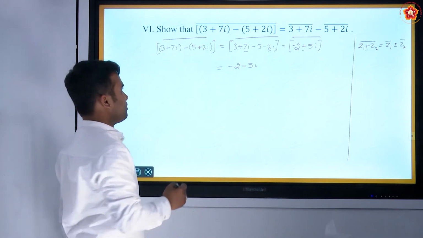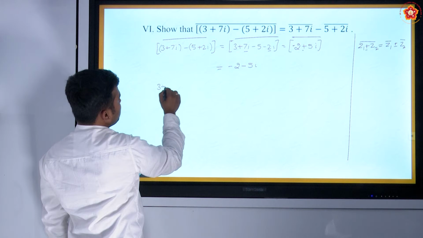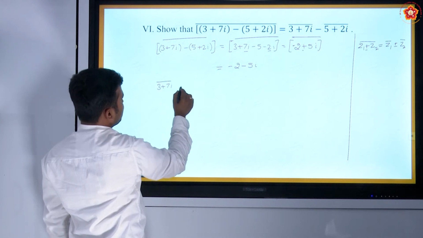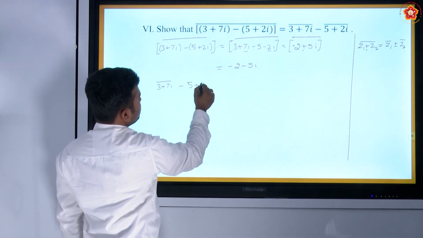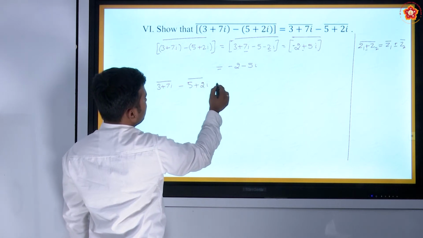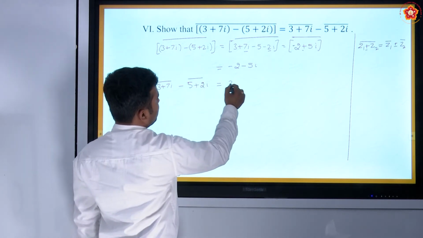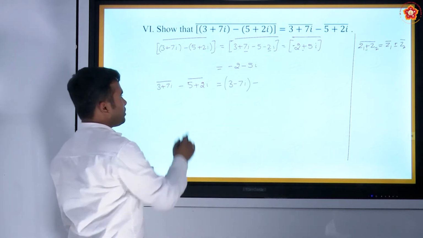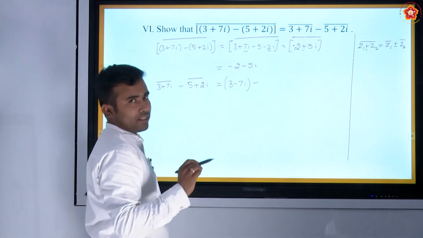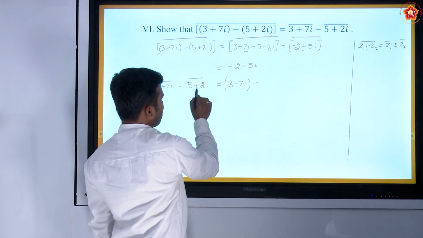Similarly, you can take the other side, which is (3 plus 7i) conjugate minus (5 plus 2i) conjugate. So this is equal to, conjugate of 3 plus 7i is 3 minus 7i, minus, so here we are not applying a conjugate there. Remember, we are applying the conjugate only for 5 plus 2i.